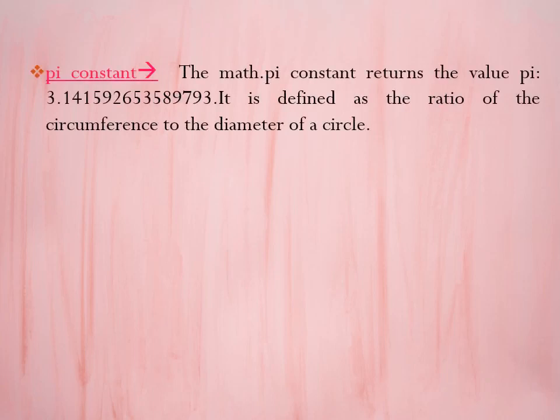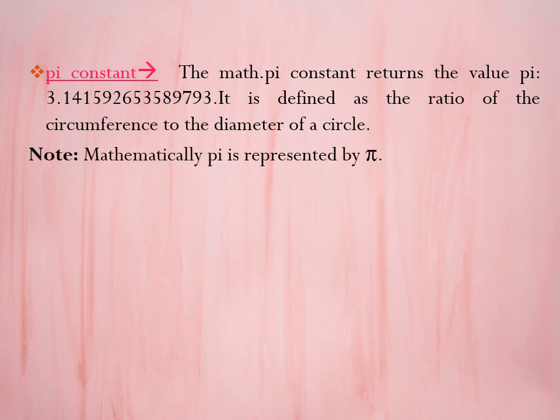First, we will talk about the first member of the math module, that is the pi constant. What is it? The math.pi constant returns the value of pi, that is 3.14. It is defined as the ratio of the circumference to the diameter of a circle.